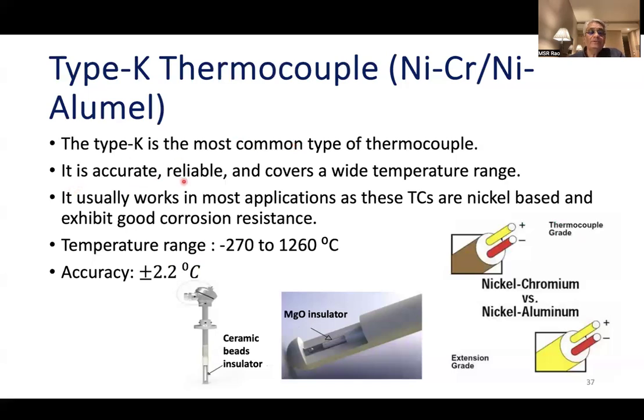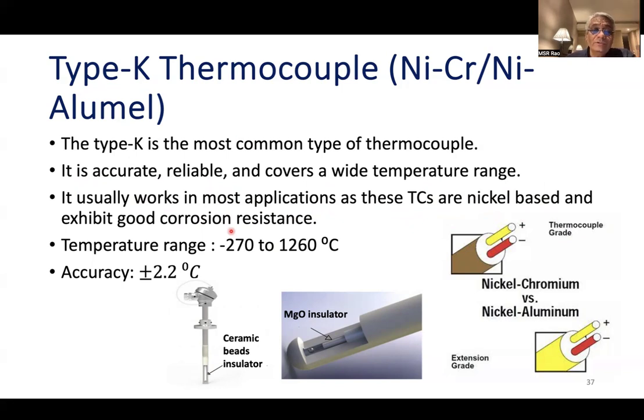It's the most common type of thermocouple. It is accurate, it is reliable, and it also covers a wide temperature range. It usually works in most applications as these thermocouples are nickel based and they exhibit good corrosion resistance. Nickel based alloys are good corrosion resistant alloys.